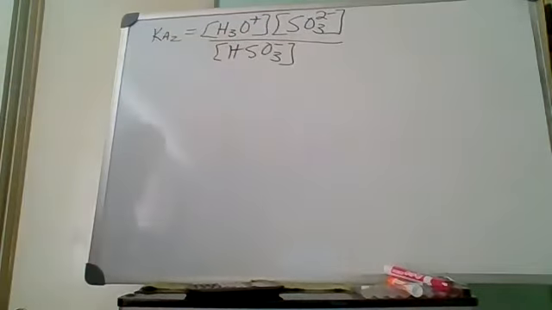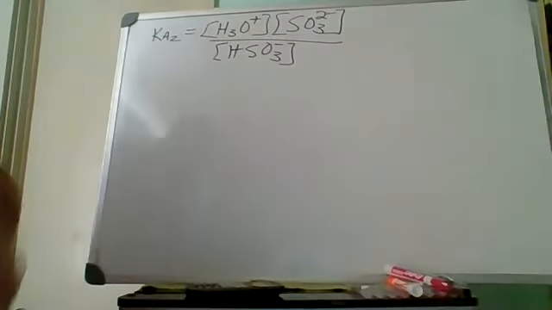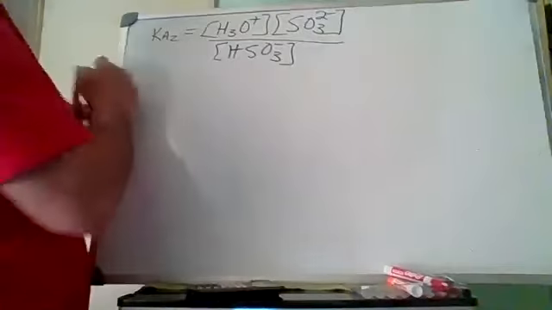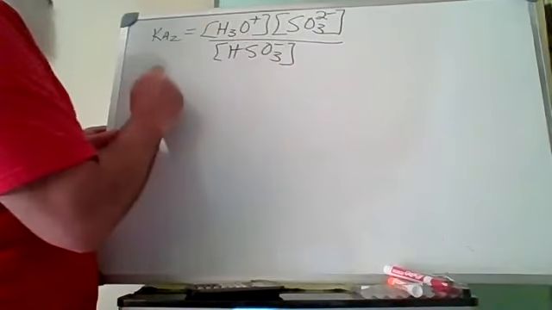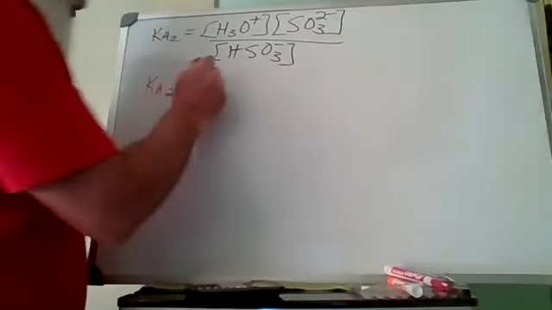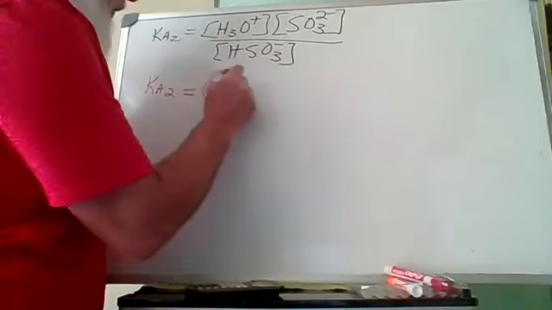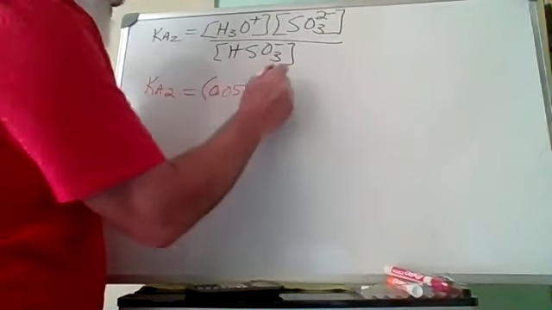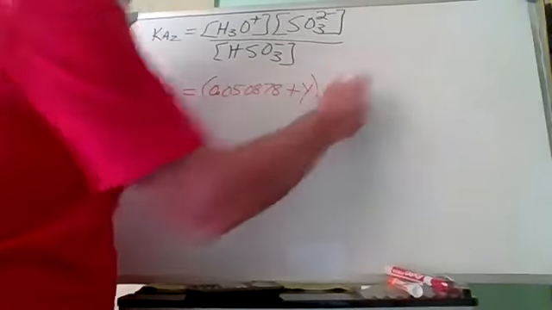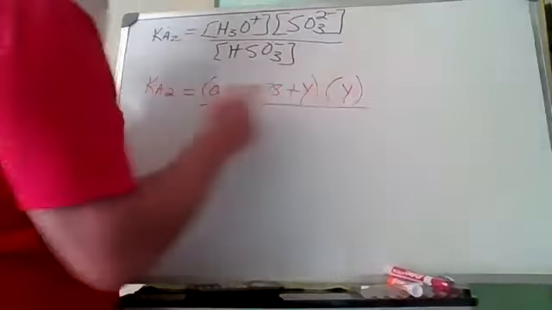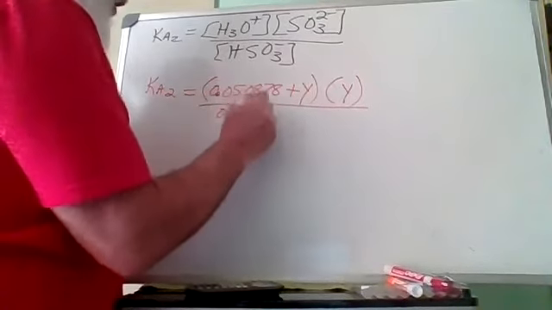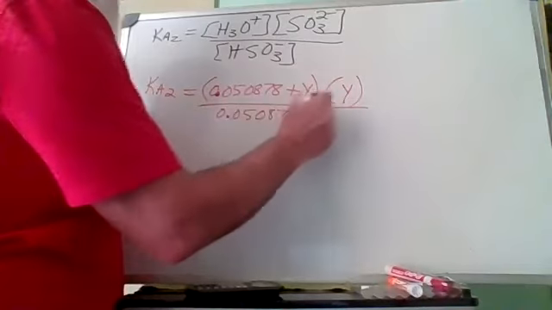Now we can plug in the equilibrium values from our ice table. Again, anytime you have a question or comment, do not hesitate. So Ka2 equals, if I remember correctly, this was 0.050878 plus Y, and this was Y, and this was 0.050878 minus Y.